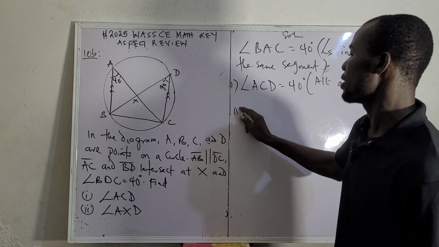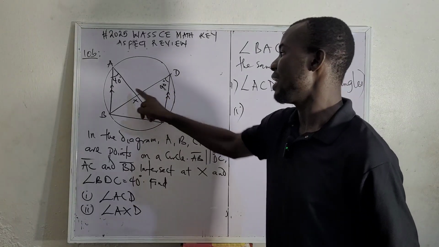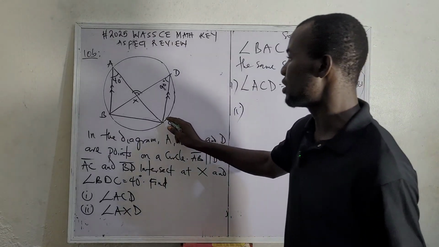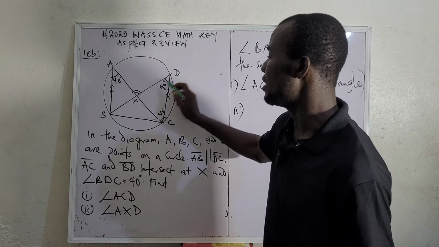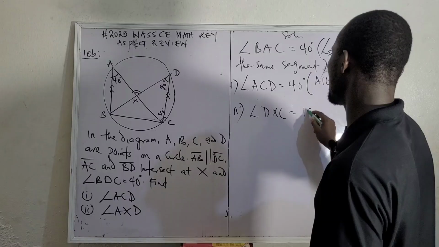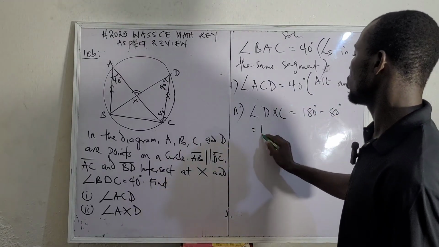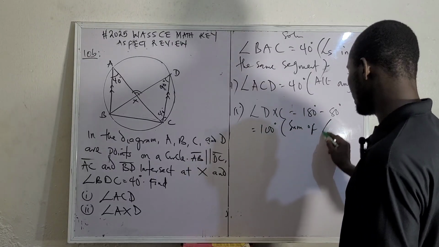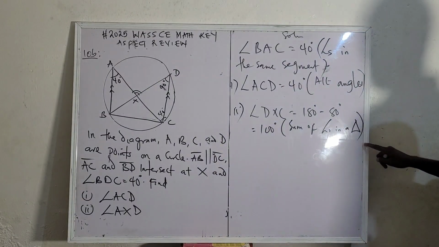The second part is what we are up to, angle AXD. We are looking for this angle right here. Now, if here is 40 also, you can tell that angle DXC will be 180 degrees minus 80, and that equals 100 degrees, because the sum of angles in a triangle is 180.